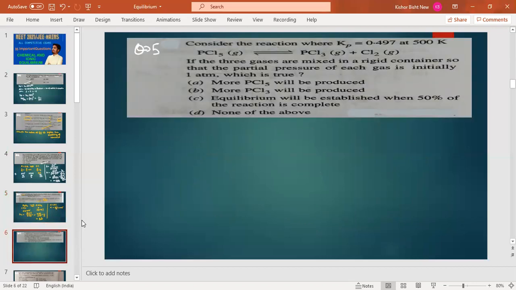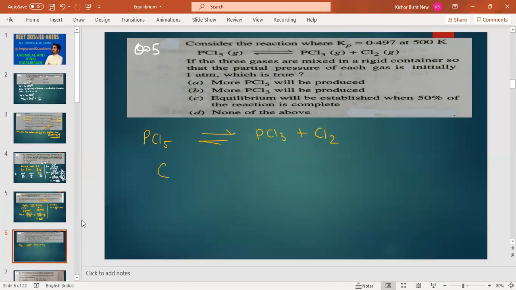Consider the reaction with Kp equal to 0.497 at 500 degrees centigrade. The gases are mixed in a rigid container so that the partial pressure of each gas is initially 1 atm. Which is true? Now see what the question is saying. PCl5 reversible PCl3 plus Cl2.